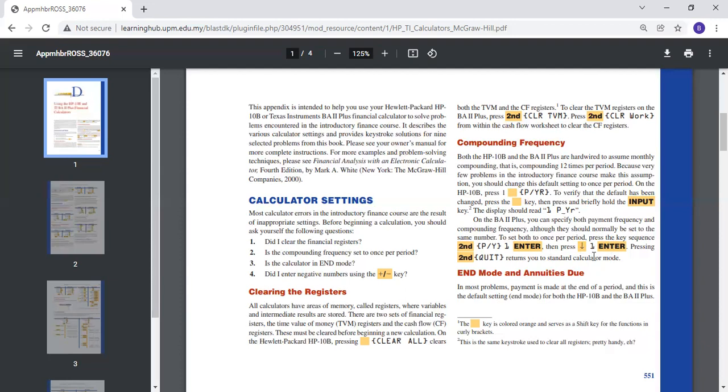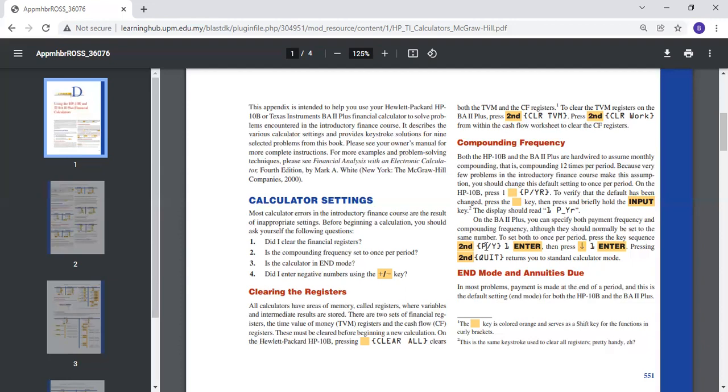So now go to your calculator, try to follow this process and see whether you can do it. Press second function, press P/Y, then see what you find inside. Do you find 12 or do you find 1? In my case now, I found 1.